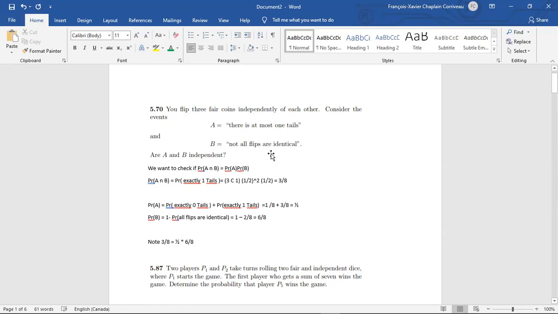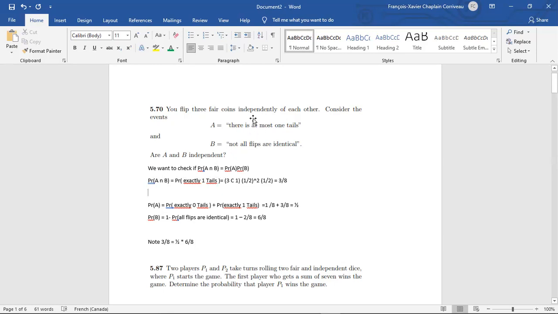So how did we get A and B? A and B comes down to understanding that this event boils down to this event. Right? So if there's at most one tail and not all flips are identical, here I have 2 cases, either I have exactly one tail or no tails.